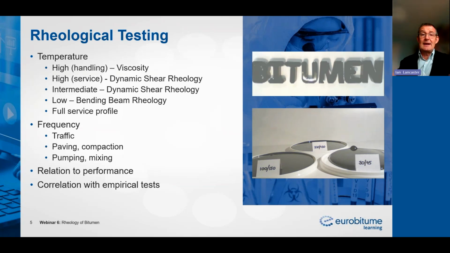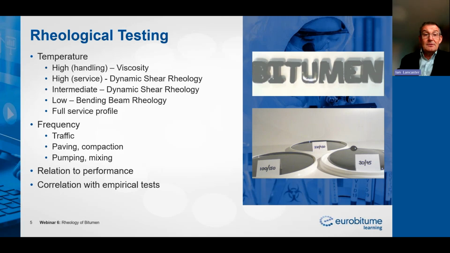When we talk about high service temperature, really we're looking at how the bitumen behaves in a piece of equipment called the dynamic shear rheometer, and I'll explain that later. But at high service temperature, we can work out the engineering properties of the bitumen, the rheology of the bitumen, and see how it's going to perform at the very limits of its service temperature.